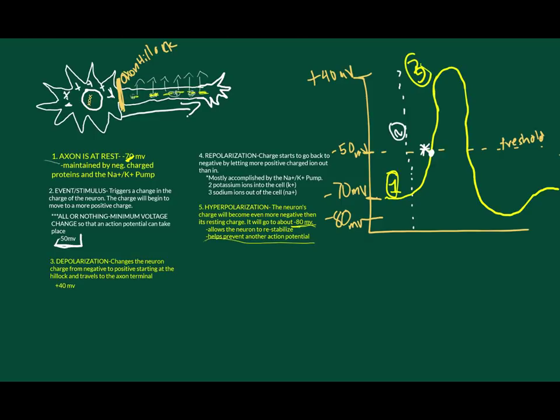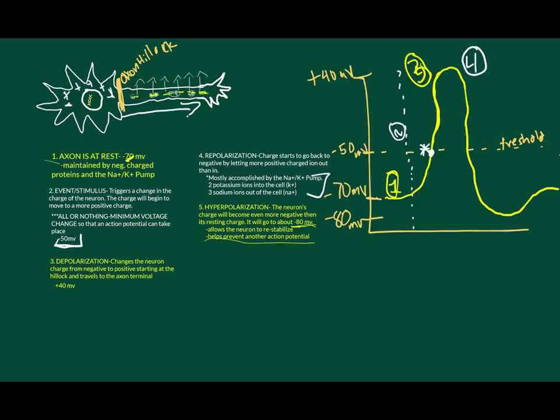This is the depolarization, where the charge went from negative all the way to positive. And so then the message is sent, and now the neuron needs to go back to its resting state. That's going to happen thanks to the sodium-potassium pump, and that's known as the repolarization.